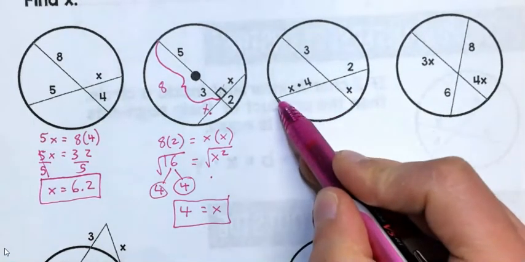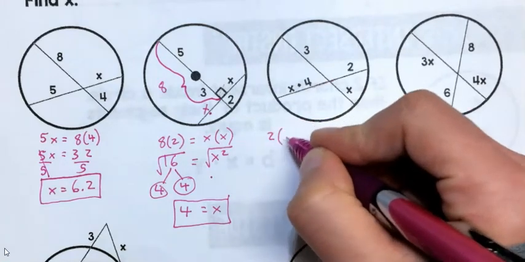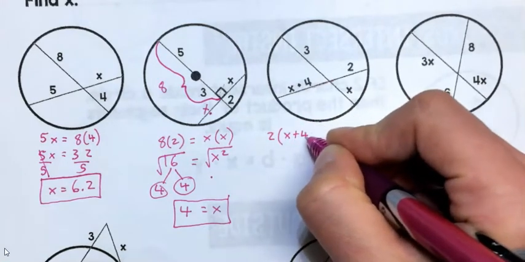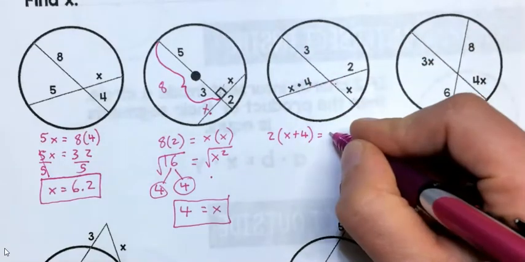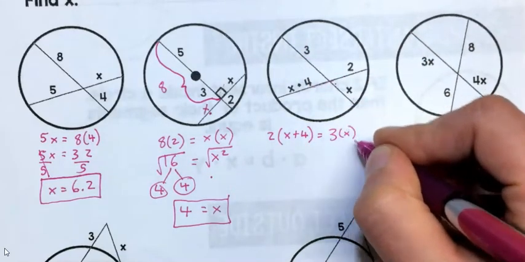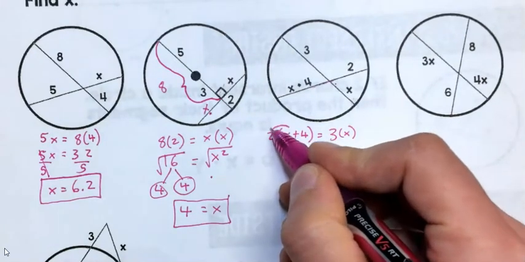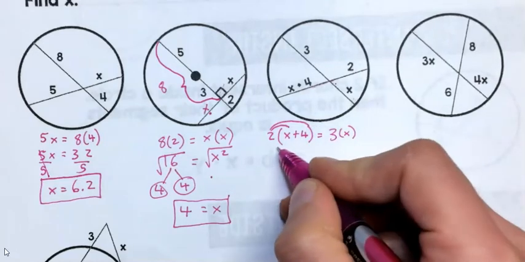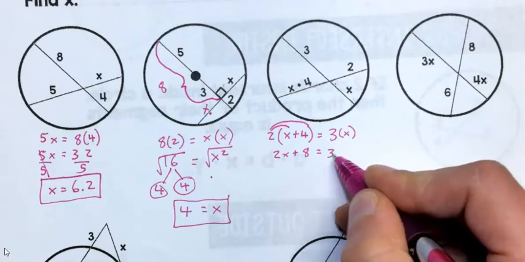Okay, so this side times this: 2 times X plus 4 is equal to this side times this, so 3 times X. Here I can distribute the 2, and I get 2X plus 8 is equal to 3X.